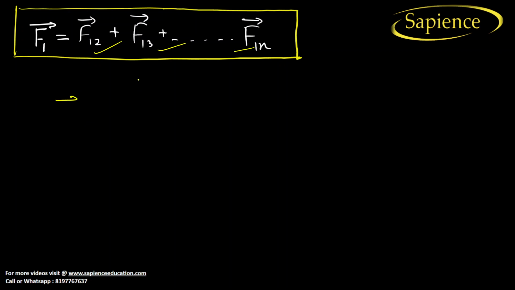So you can also put the values here, as we have already done. How will you find the values? Let us consider F1. F1 will be equal to F12, plus F13, up to F1n.